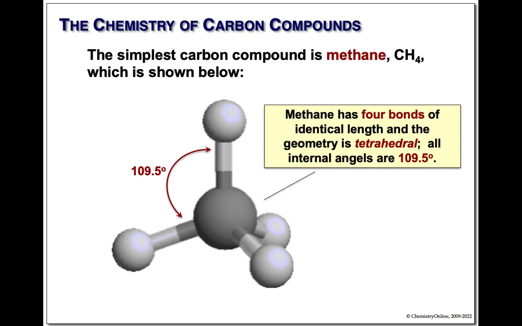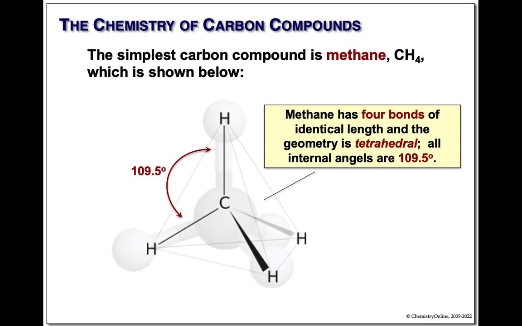The geometry here is what's called tetrahedral. This is a tetrahedron. The central atom is raised up off the floor in this pyramid sort of shape. For some reason, this is a shape that they never teach you. But in nature, it is perhaps the most important general shape, tetrahedral. All of these angles are 109.5 degrees.